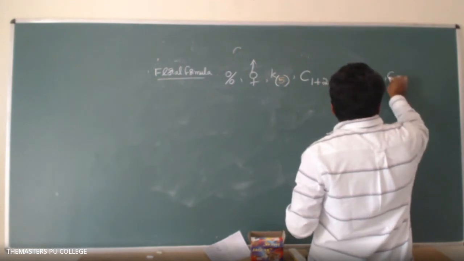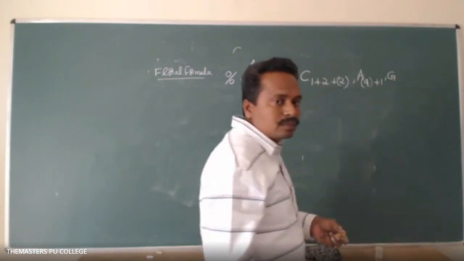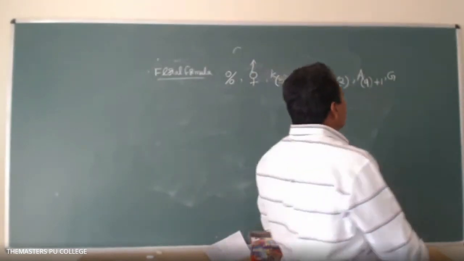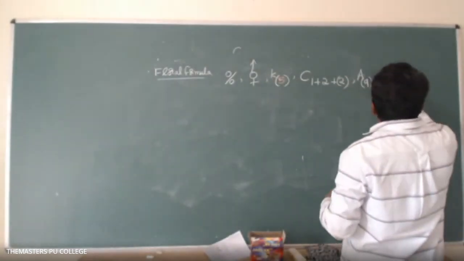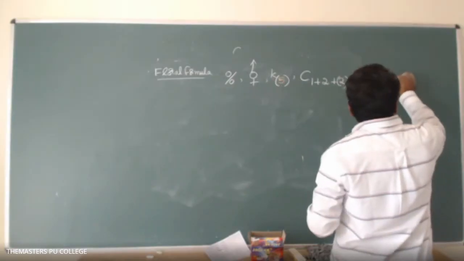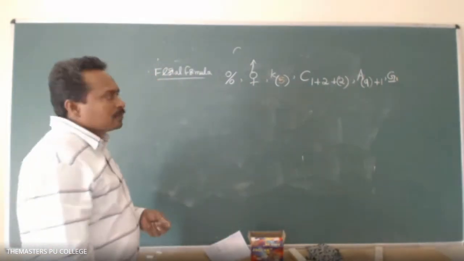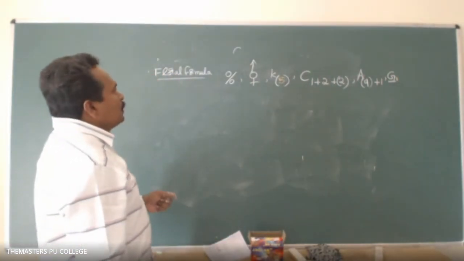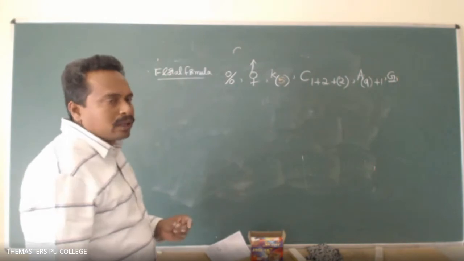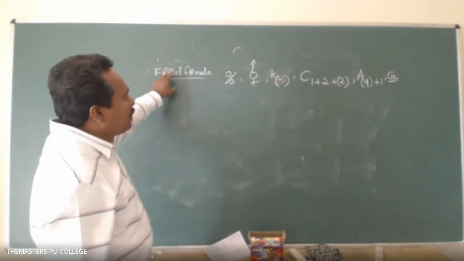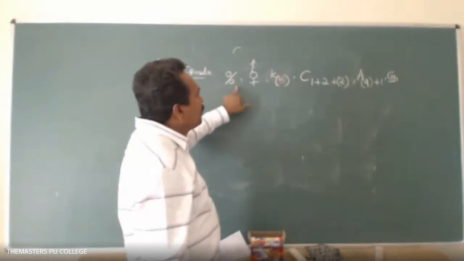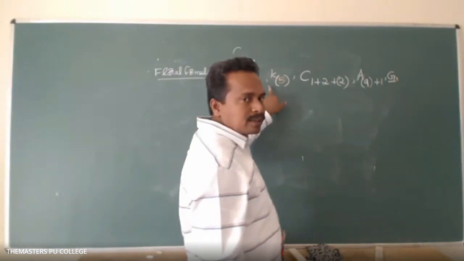The gynoecium consists of a superior ovary, one carpel. Yes, only one carpel is there. Okay, the floral formula: the flowers are zygomorphic, bisexual.